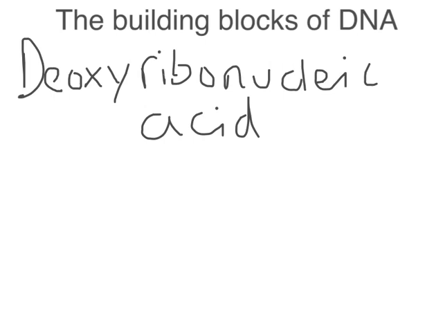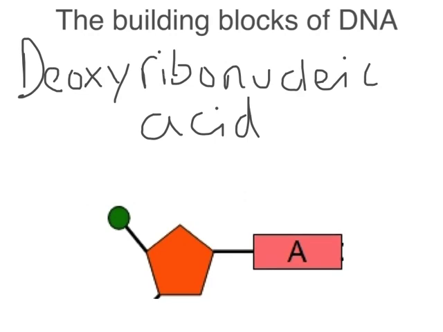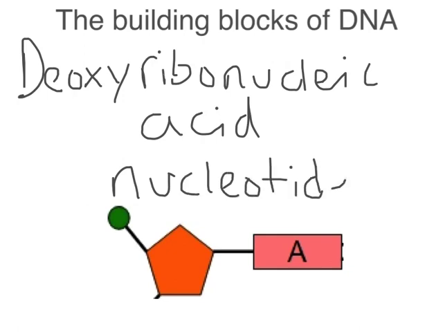And its building blocks are called nucleotides. So DNA is made up of smaller individual Lego blocks, if you will, called nucleotides. You need a bunch of nucleotides to make up strands of DNA. And then you put the strands of DNA together and you get the actual structure of DNA.